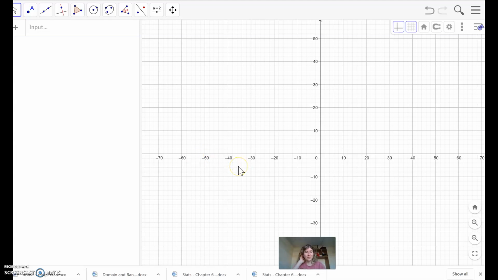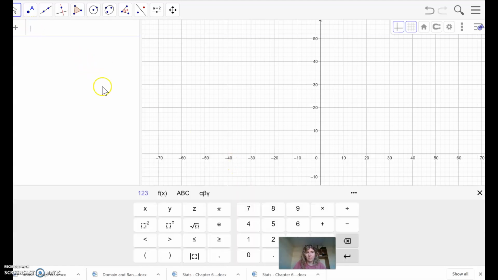Okay, hi everyone. So I just wanted to show you a couple of things to do with natural restrictions on domain and range of functions. If, for example, I type in this function, f of x is equal to 1 over x. I'm sorry, I'm just going to set this up.